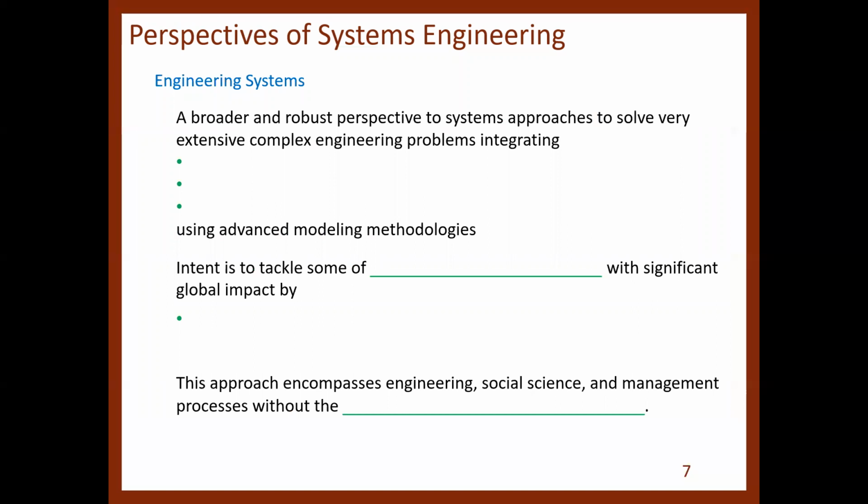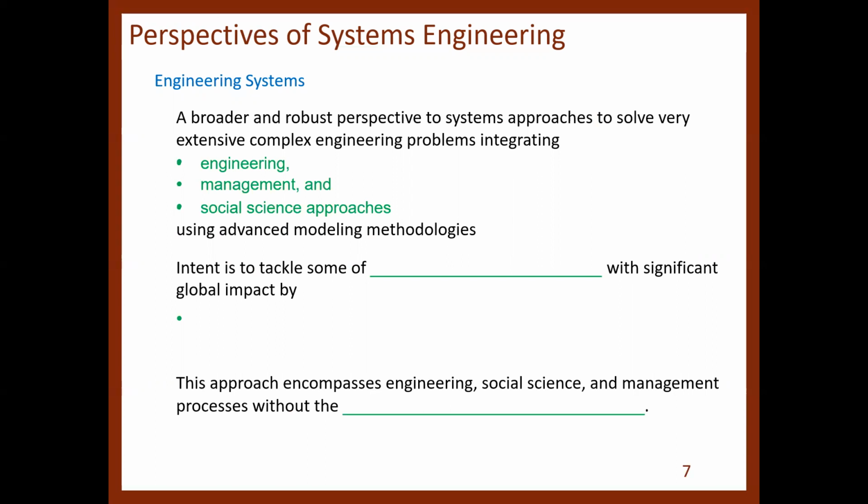Now, from the perspective of engineering systems, this is a broader and robust perspective to systems approaches to solve very extensive, complex engineering problems, integrating engineering, management, and social sciences approaches using advanced modeling methodologies.